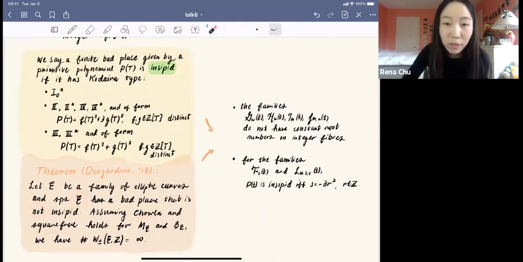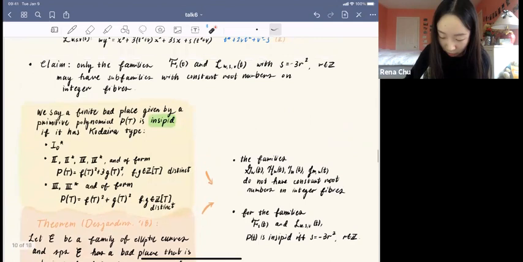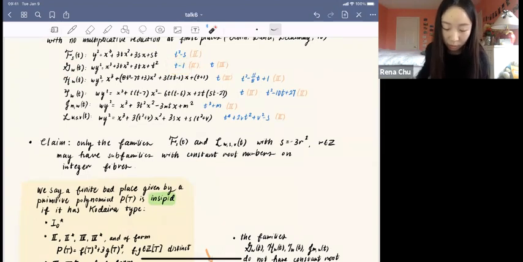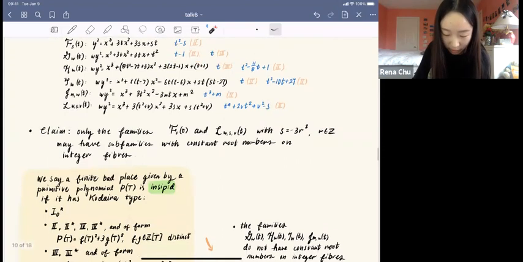So let's try applying that to our 6 families. Say we look at G. If we look at this place of bad reduction, t minus 1, it has Kodaira type 2. Now, is this insipid?